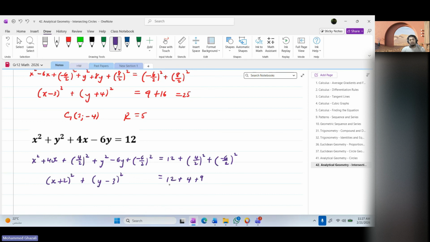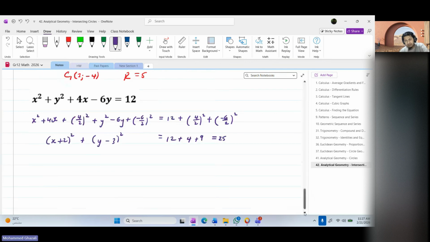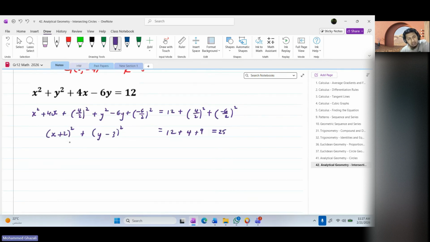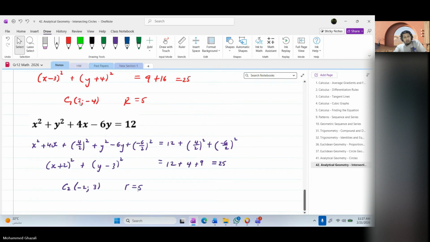That's also 16 plus 9, which is 25, right? And we got center negative 2 and 3, and a radius is equal to 5. The first one: 3 and negative 4, radius 5.